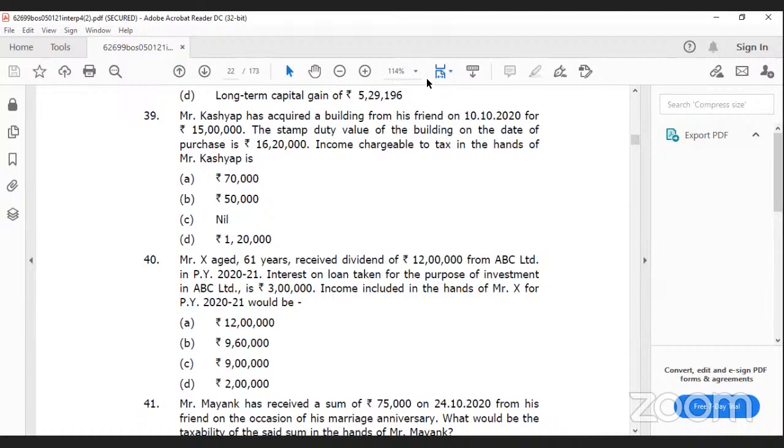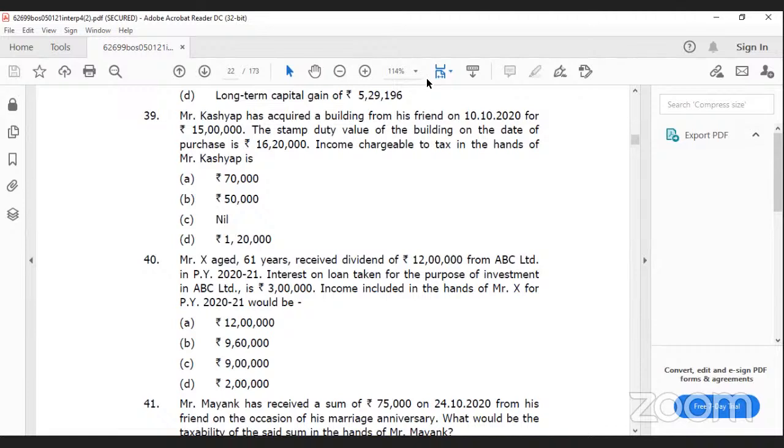है ना? Yes. 1,20,000. So but there's what is the provision? Gift has to be of how much value?